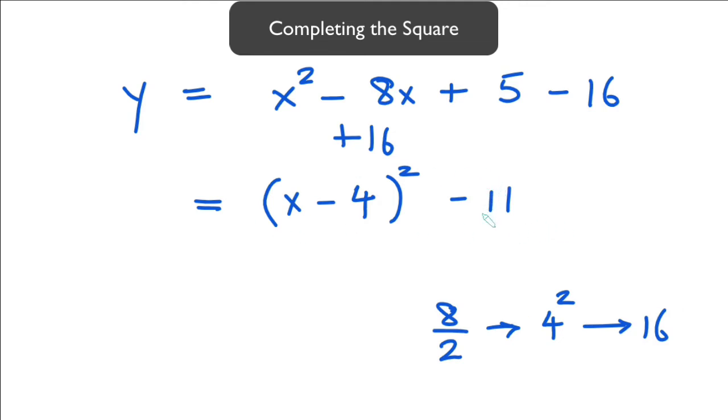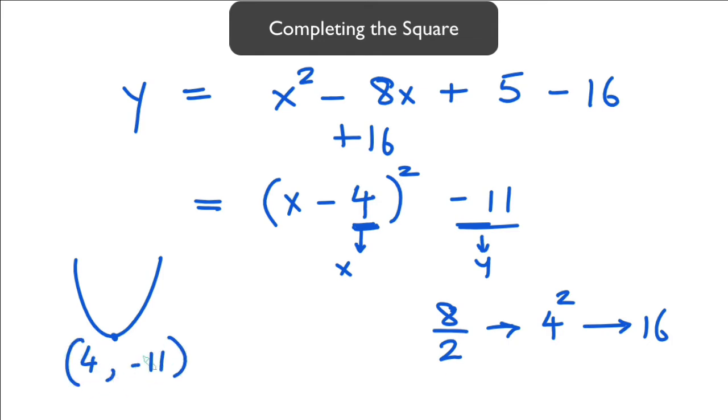And just like that, this problem is almost done. You don't have to proceed any further. All you need to understand is this value is your x coordinate, and this value, including the negative sign, is your y coordinate. Remember, there's a negative here. So you need a 4, and then this is your x value, and this is your y value of the vertex. So if you have a parabola, you've gotten the 4 and the negative 11 values over here.